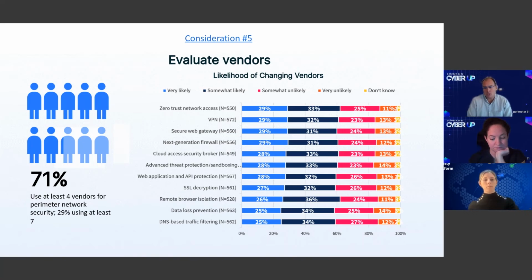You can see across all these different tools, it's well over 50%, nearly 60% of respondents who say they're likely to change vendors for these different tools. So they're essentially using the implementation of SASE and SSE as an opportunity to really assess who they want to work with moving forward. Again, who can give them the best opportunity for success, both in the short term and the long term.